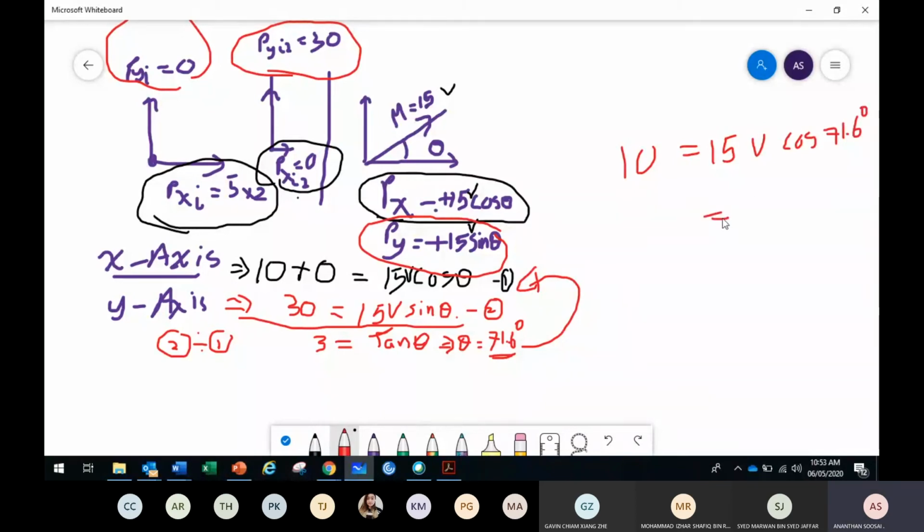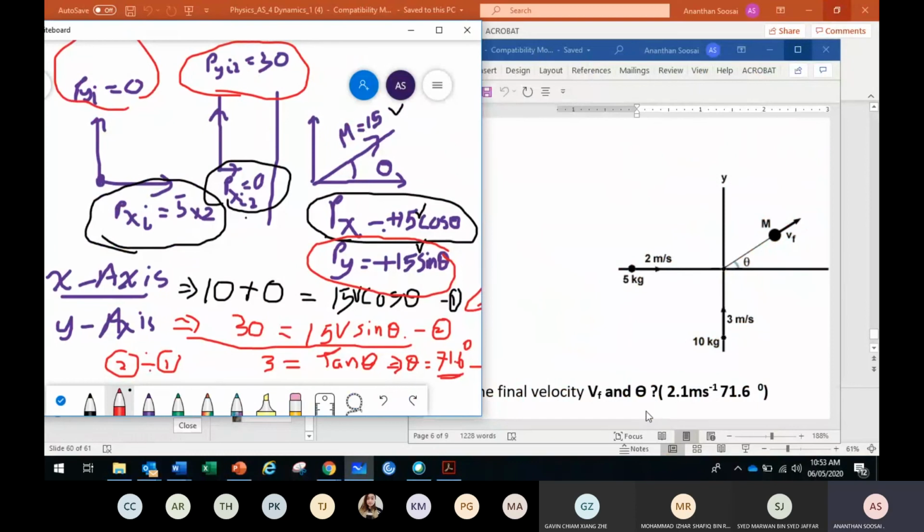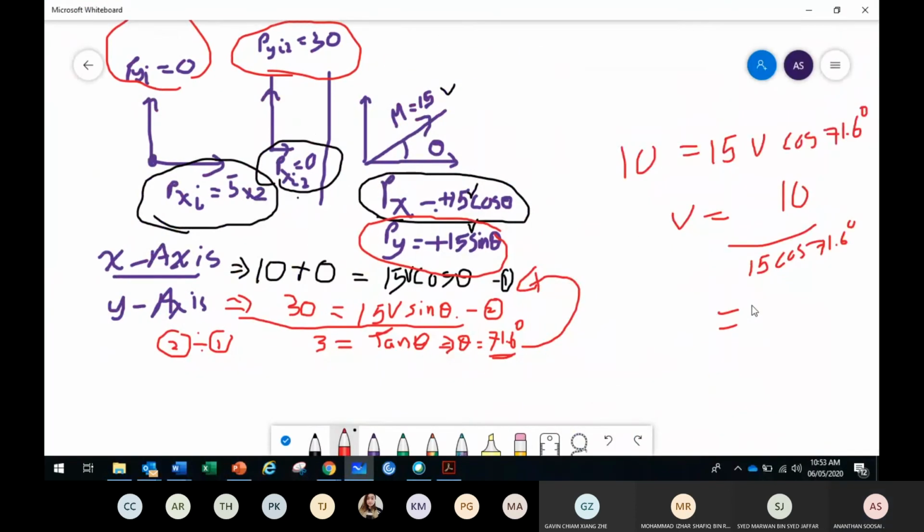So V equals 10 divided by 15 cos 71.6. The V answer is 2.1 meters per second.